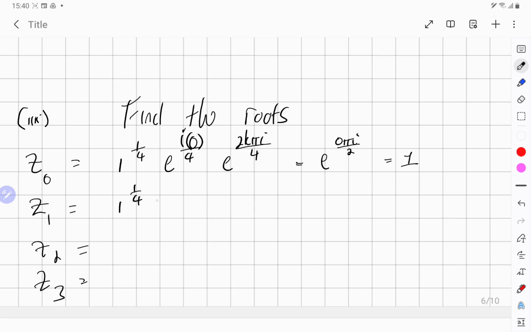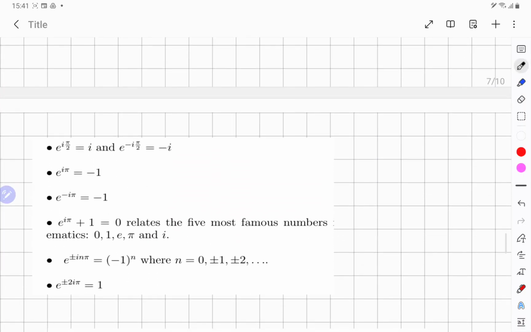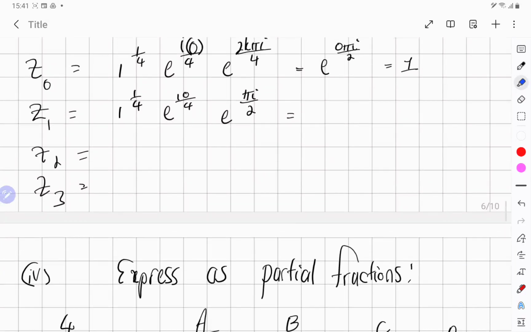My second root, k is 1, so I get pi i over 2. Now, very important, I even pasted it here. Remember what we said. e to the i pi over 2 is i, e to the negative i pi over 2 is negative i. So I do suggest you study these very well before you start, because remember they come up everywhere.